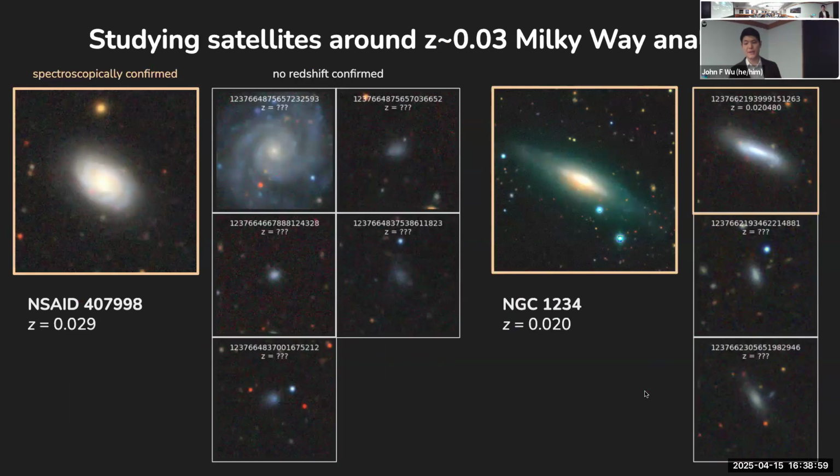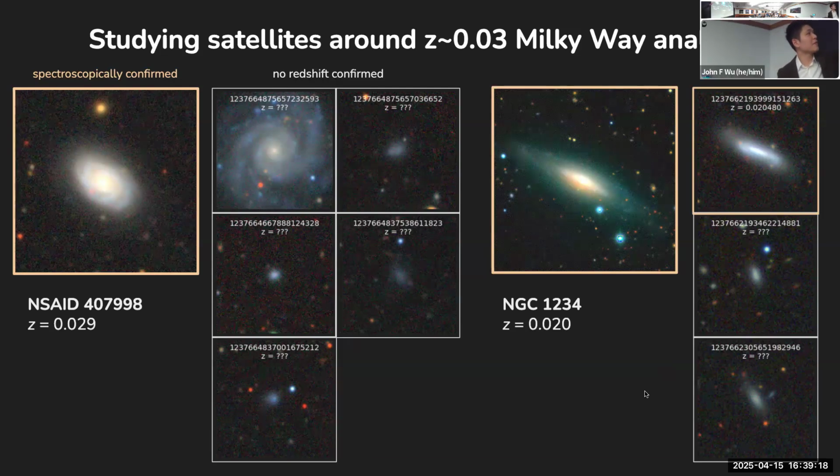It's also useful to inspect these data, right? You should always be looking at the data to ensure that they're confirming, or at least validating, what you expect. For example, here's a galaxy close to the 0.03 cutoff in redshift. This is a host galaxy about the same mass as the Milky Way.